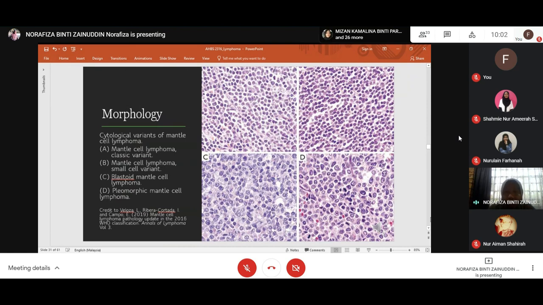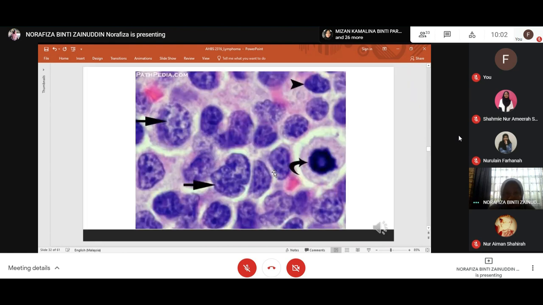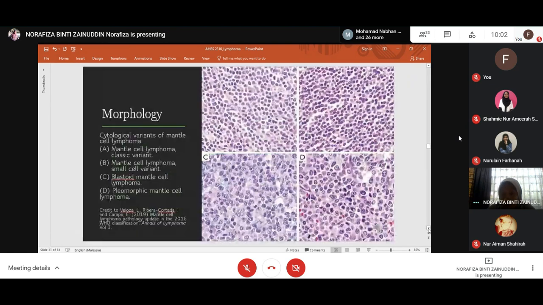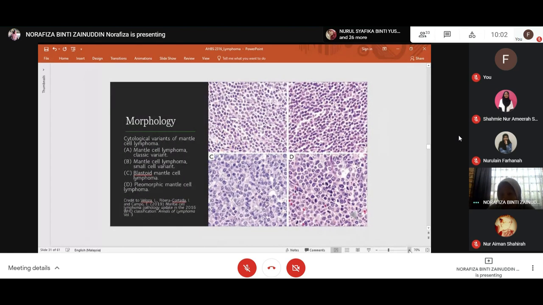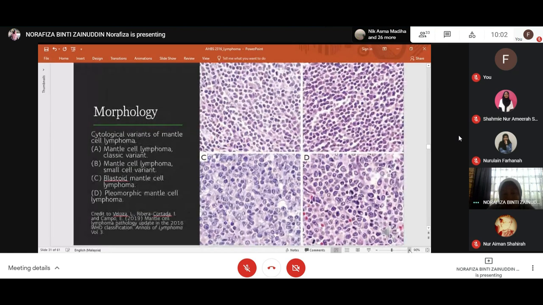The first picture, A, is mantle cell lymphoma of the classic variant. B is MCL of the small cell variant, C is blastoid mantle cell lymphoma, and D is pleomorphic MCL.